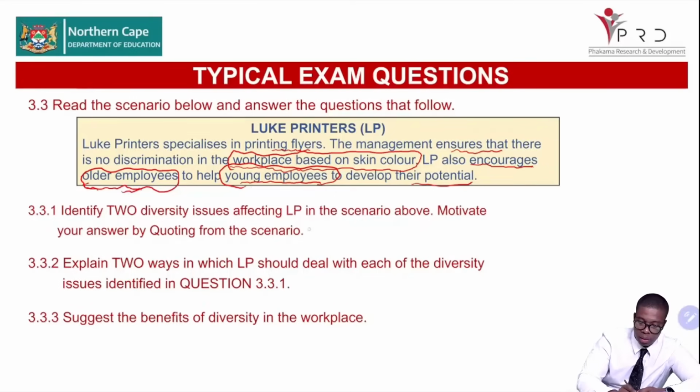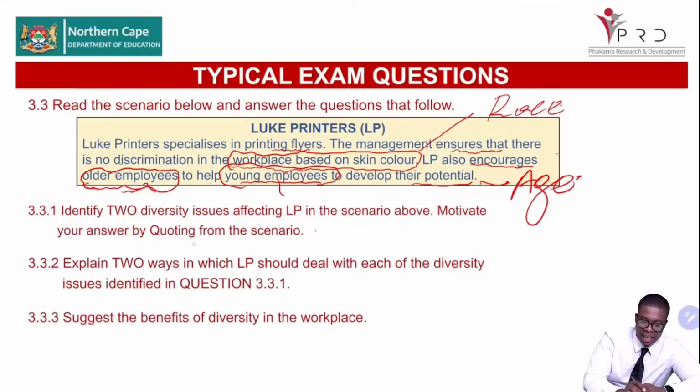So when you check that, what does this talk to? Because skin color is an issue here and there's no discrimination, skin color only talks to race. And when you see old and young, the diversity issue that is applicable there is age.